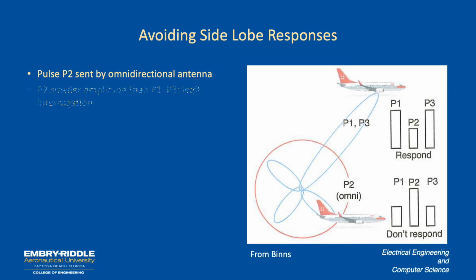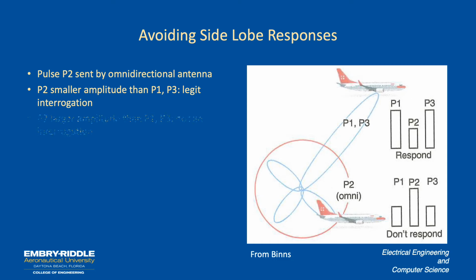If you're an aircraft that's being interrogated, as this SAS aircraft up there is being interrogated, P1 and P3 will be big, and P2, which is being sent out in all directions and is not necessarily targeted towards that aircraft, will be small. So the aircraft knows to respond when P2 is smaller than P1 and P3.